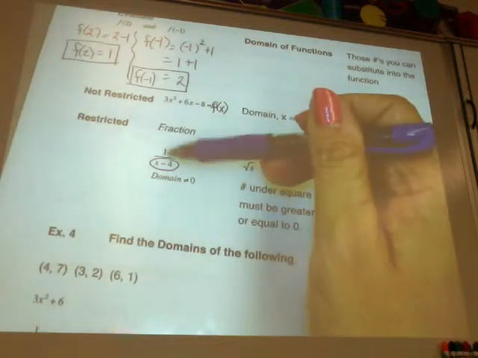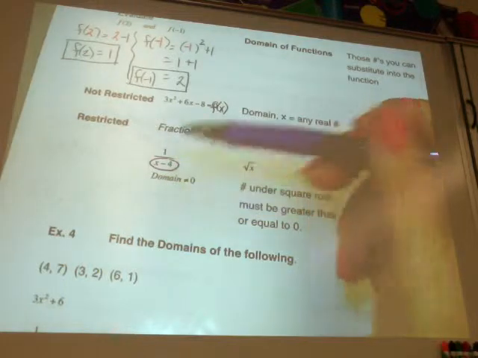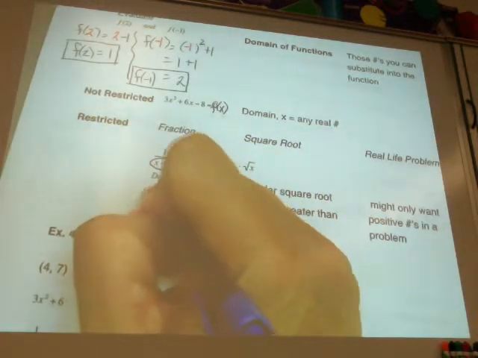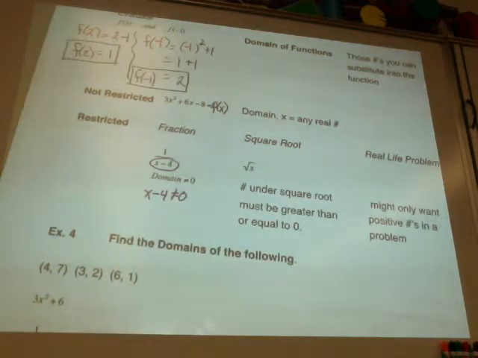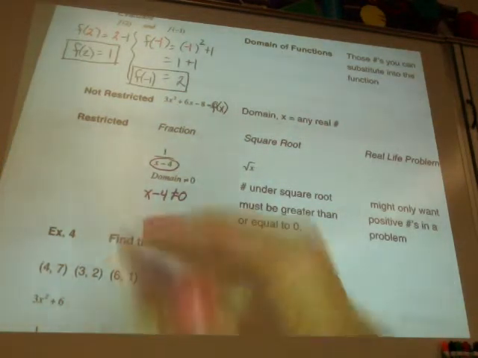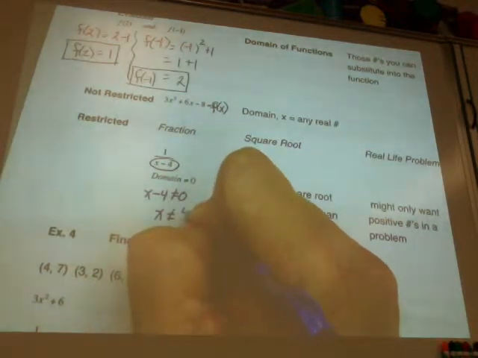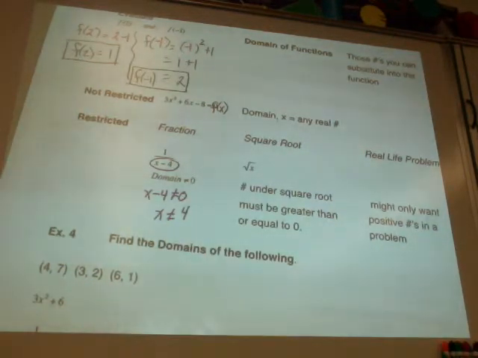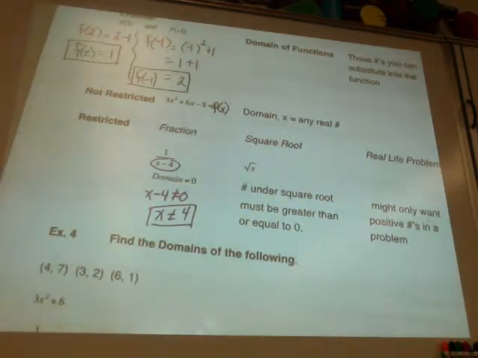Negative 4, and 1 over negative 4 is negative 1/4. So x can be 0, correct? But your restriction would end up being x minus 4 cannot be 0. Solve that for x. What do you get? X cannot equal what? 4. You may have to write that in interval notation, and we'll do some of that down below. But this is the true restriction that I'm looking for in that particular problem.